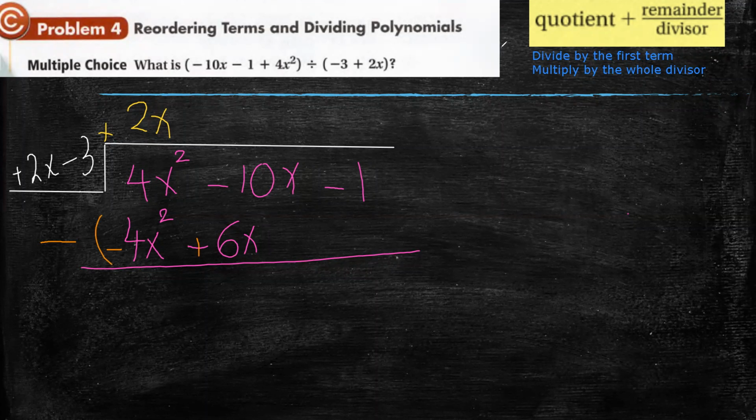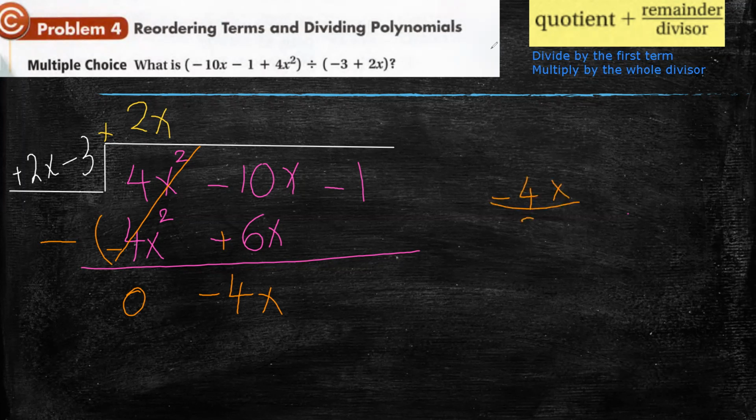Now after that, 4x squared minus 4x squared is 0. And negative 10x plus 6x, negative 4x. Bravo. Then what did we have here? We have negative 4x. I want to divide it now by 2x. So negative 4x over 2x, we have negative 2.